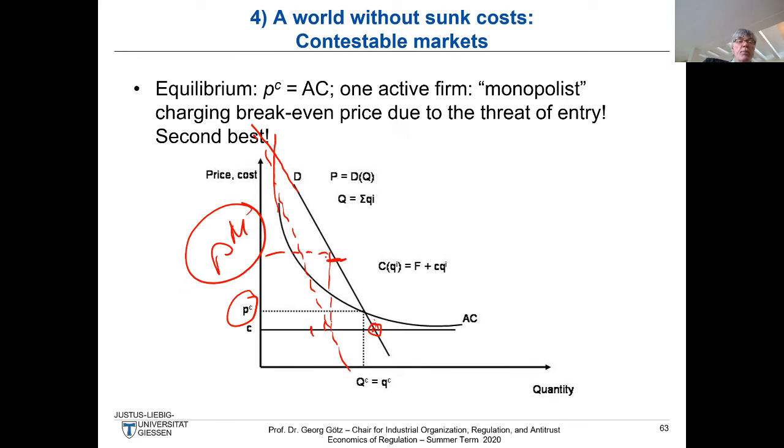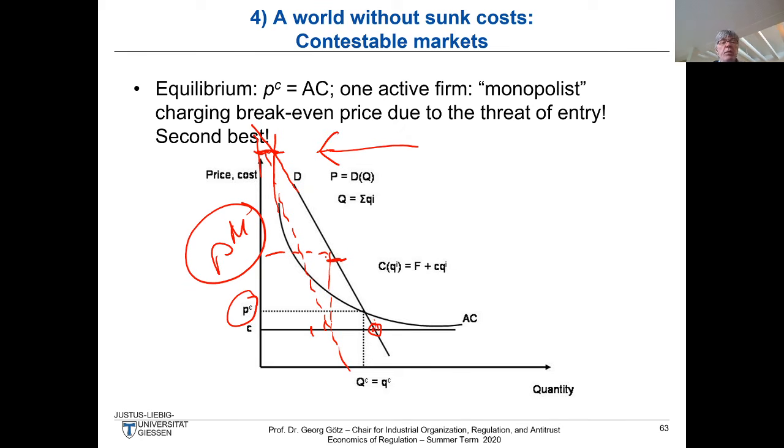However, the important point, and that's what you will learn in the assignment, is that if you solve for price equal average cost, there is another solution which is not really depicted in Josco's diagram, which is up here, where you also have price equal average cost, because you have two intersections of the average cost with the demand curve. And of course, that's not a solution either.